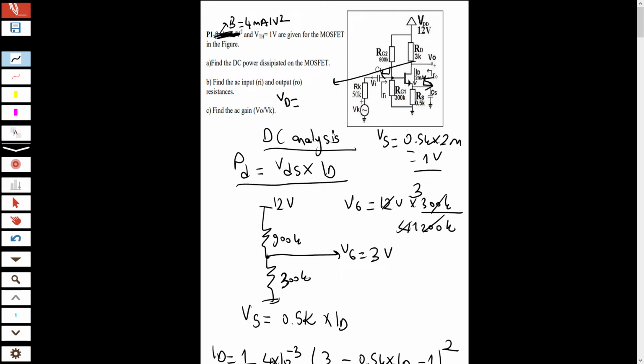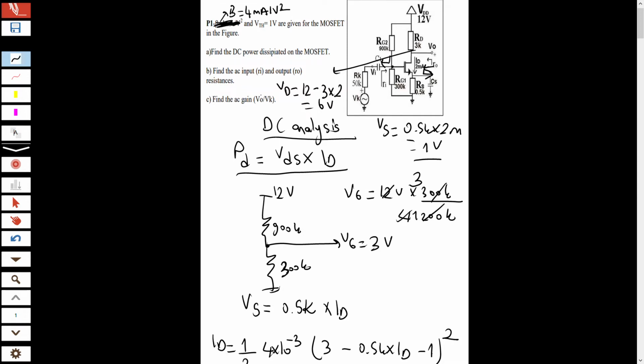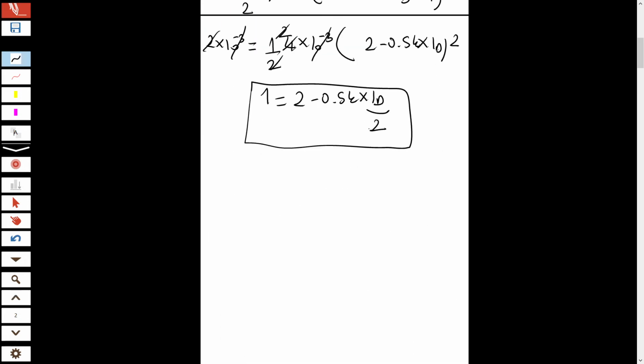V drain equals 12 volt minus 3 times 2, 6 volts. So V drain is 6 volts and V source equals 1 volt, so VDS equals 5 volts. So power dissipated was VDS times ID. ID is 2 milli, it is 10 milliwatts.